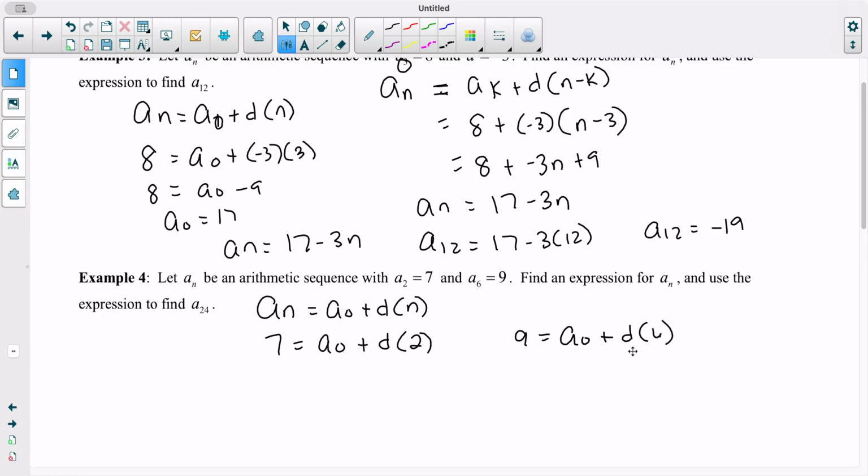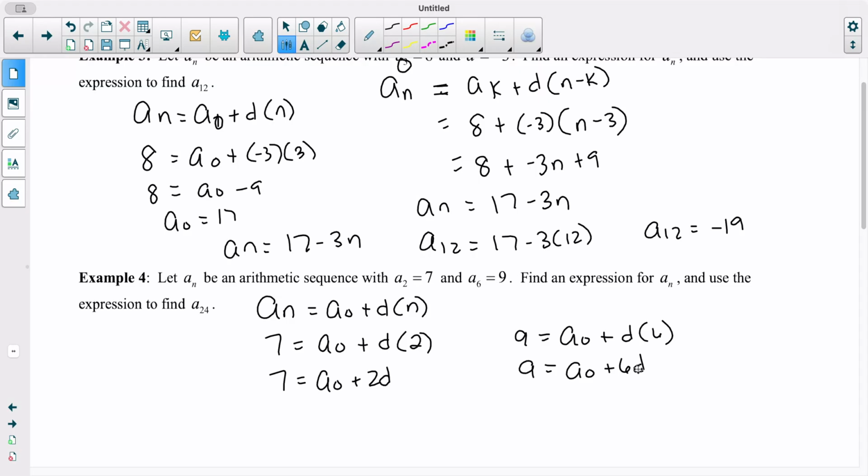So just follow along. If I simplify this out, I have 7 equals a sub 0 plus 2d, and 9 equals a sub 0 plus 6d.